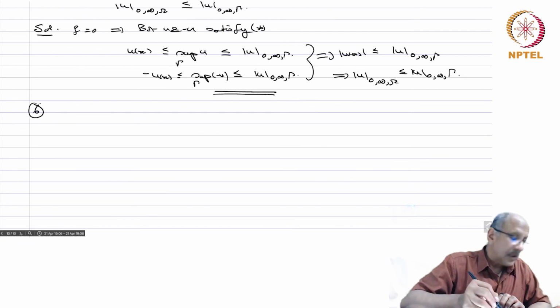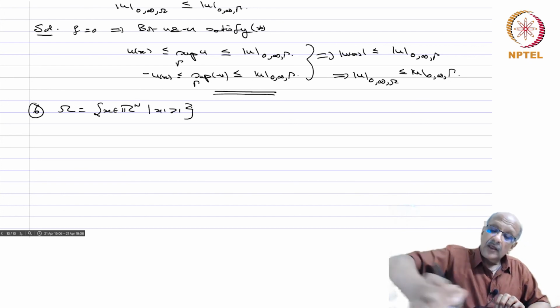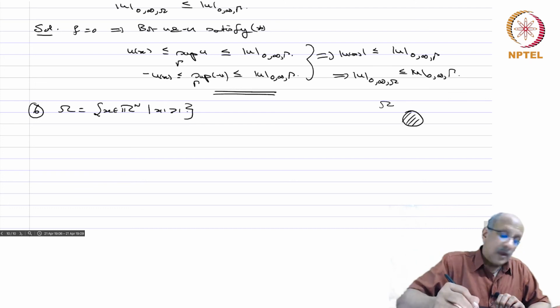6. Let omega equal the set of all x in Rn such that mod x is bigger than 1. So, you are taking the exterior of the unit ball. So, unit ball is here and then this is omega, and let u be in H1 of omega.